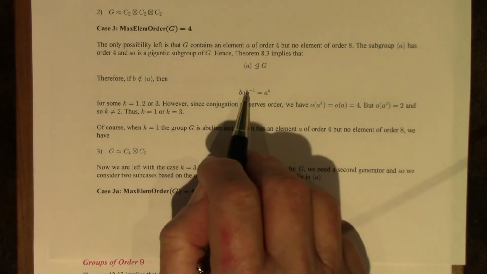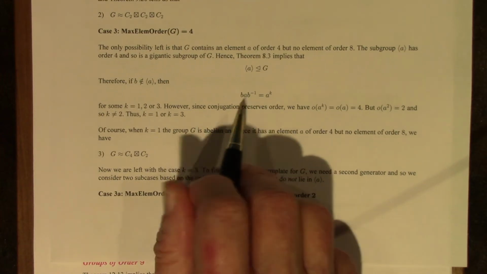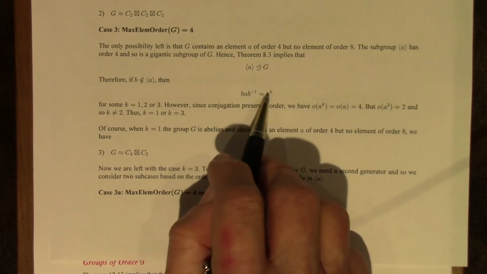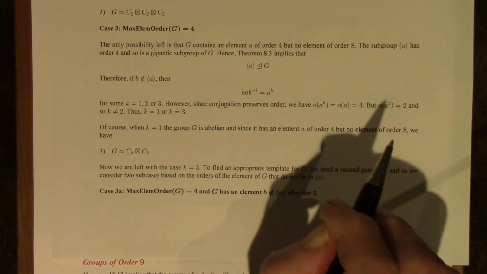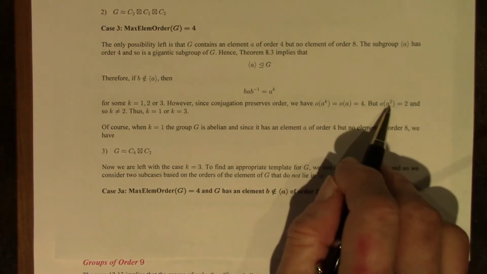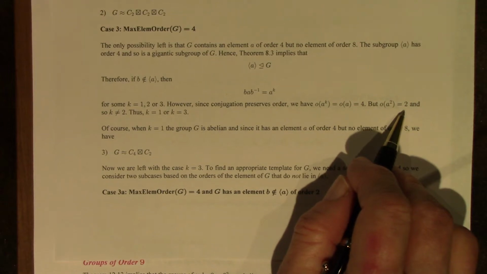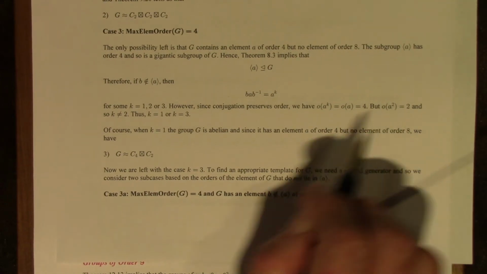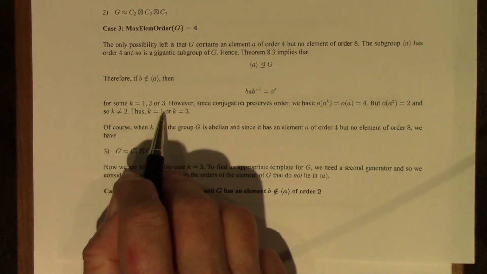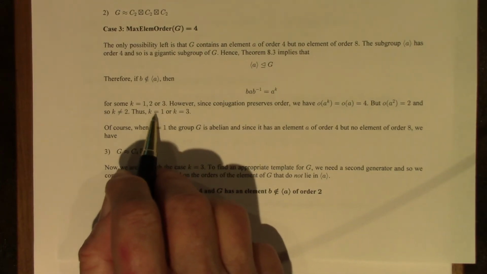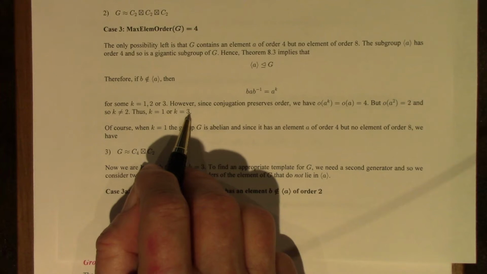But conjugation preserves order. So if A has order 4, A to the K has to have order 4. But A squared has order 2, since A has order 4. So that eliminates this possibility, and the only possibilities we have left for K are 1 and 3.